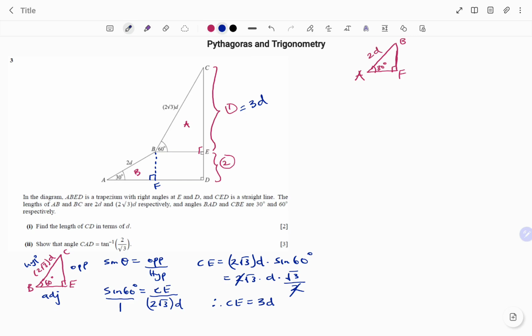Note that the line BF is equal to the line ED, which is what I'm trying to look for.